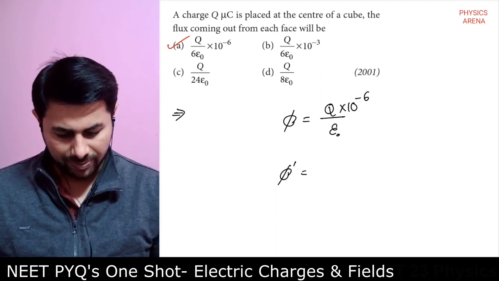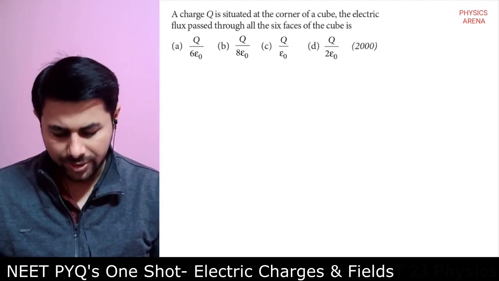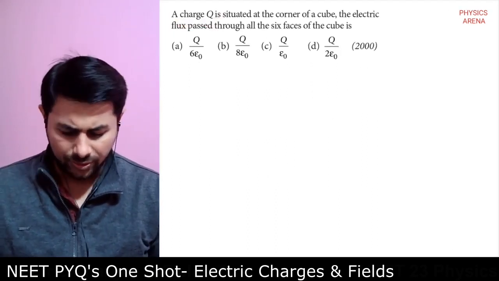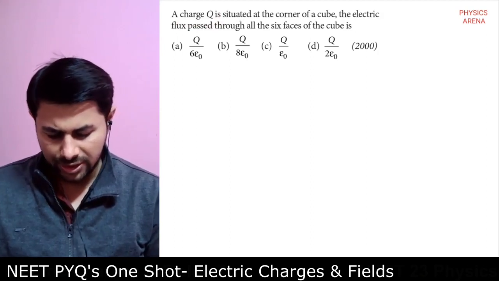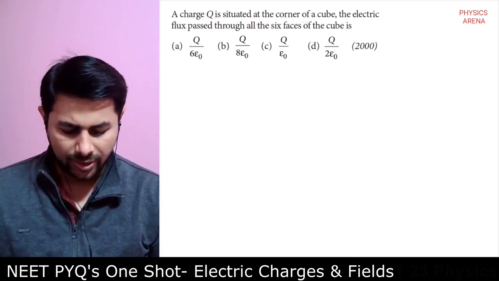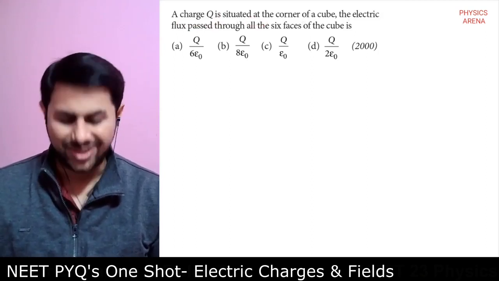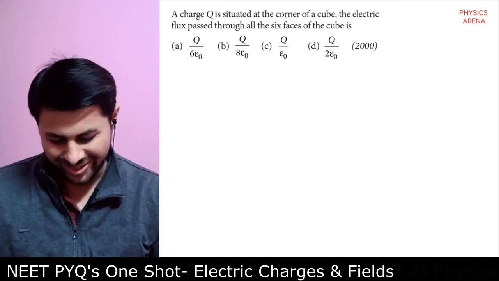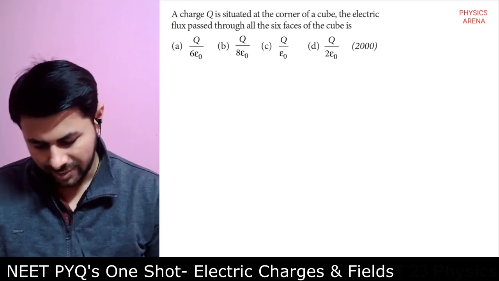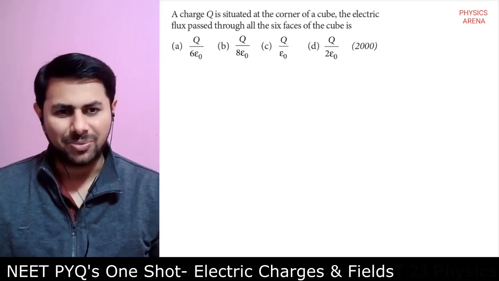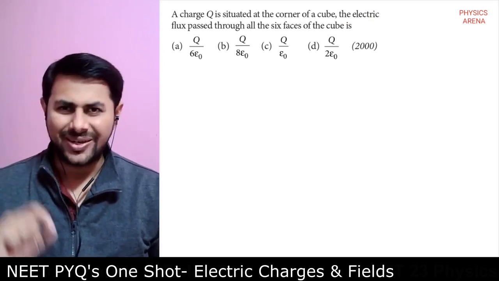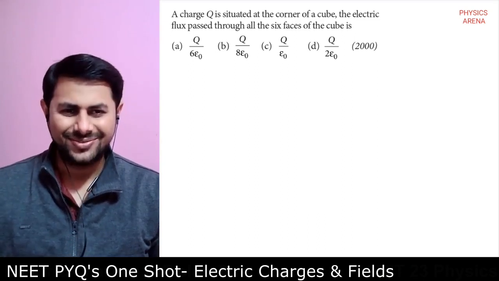These questions are very simple. Next question. A charge Q is situated at the corner of a cube. This is repeated. Okay. The electric flux passed through all 6 faces. It is Q divided by, so option B. It is at the corner.